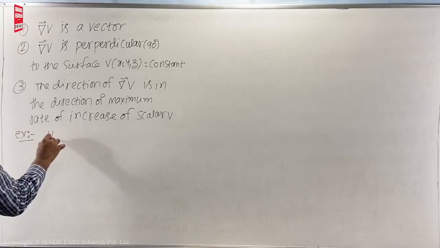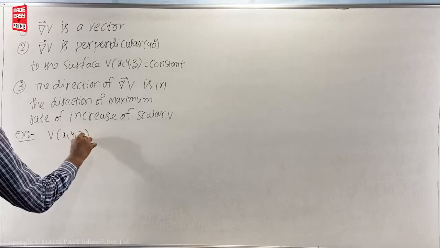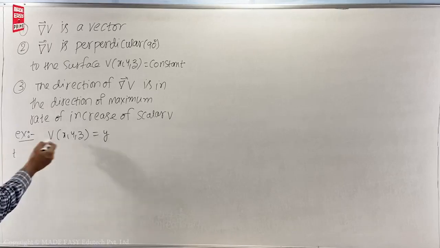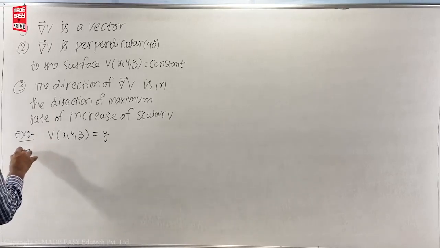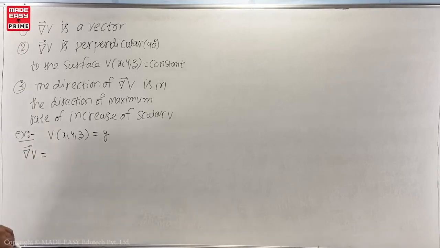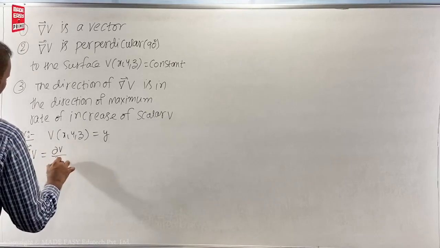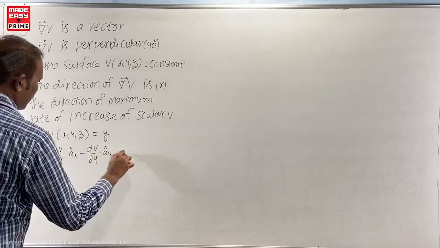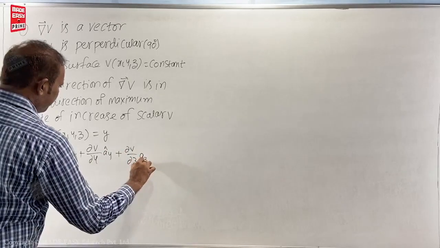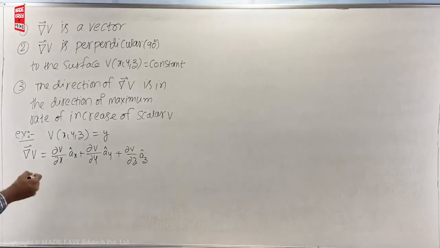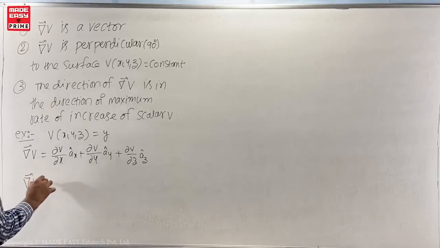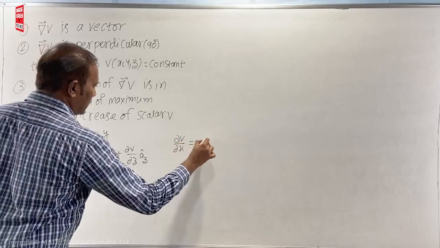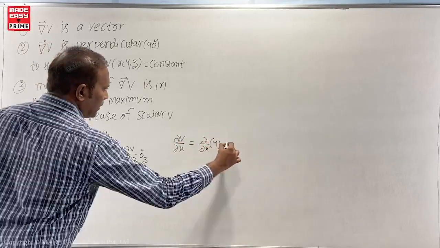Let us take an example: v(x,y,z) is given as y. Then if you take grad v, it is dou v by dou x ax plus dou v by dou y ay plus dou v by dou z az. Here dou v by dou x means dou by dou x of y.